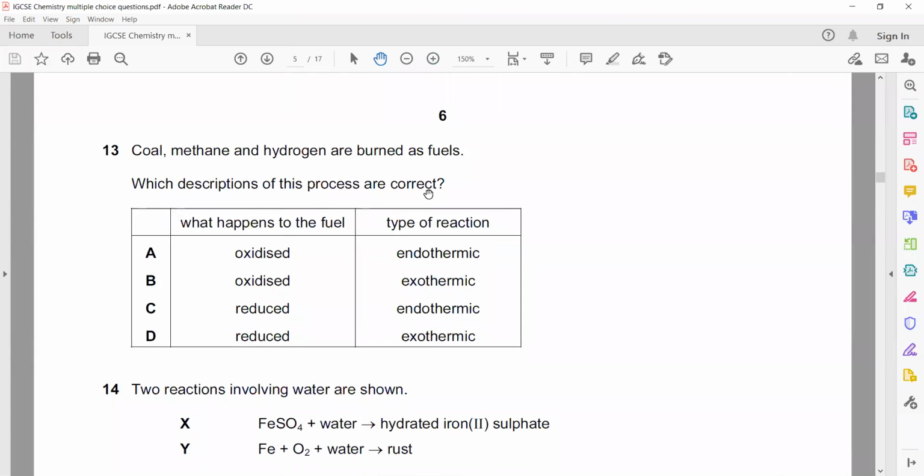Coal, methane, and hydrogen are burned as a fuel. Which descriptions of this process are correct? Coal is basically carbon. When carbon reacts with oxygen, it gives carbon dioxide.